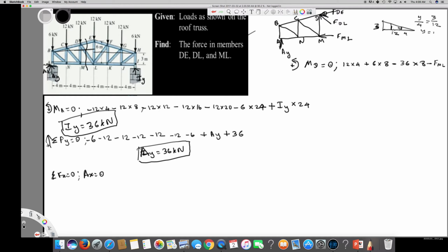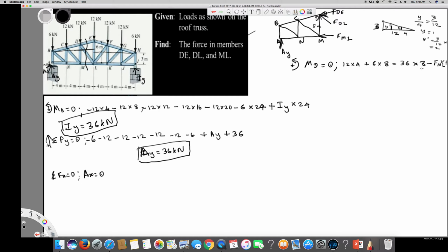If you do this for 8, you will get y equal to 2. For example, y prime is equal to 3 by 12 times 8, so you get 2. So like that, this is already 3 and 1 meter increasing, and here is 2 meter increasing, same thing from this one, so we know it's 5. Therefore we know the height of this M is 5 meter, so I can multiply FML by 5.